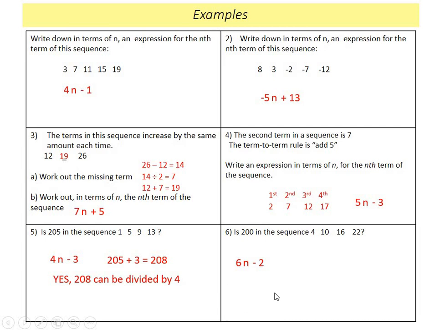So now I know the nth term. I need to work backwards to find out if 200 is in the sequence. If I add 2, I get 202, and 202 cannot be divided by 6, so 200 cannot be a number in the sequence. So there's 6 examples.